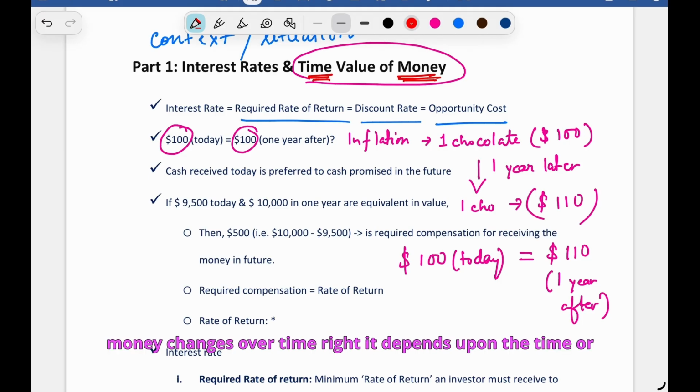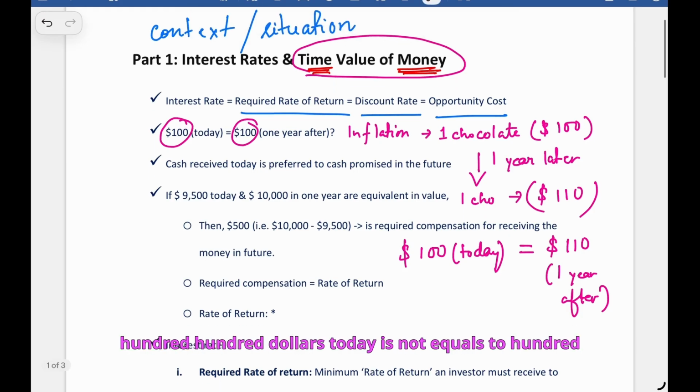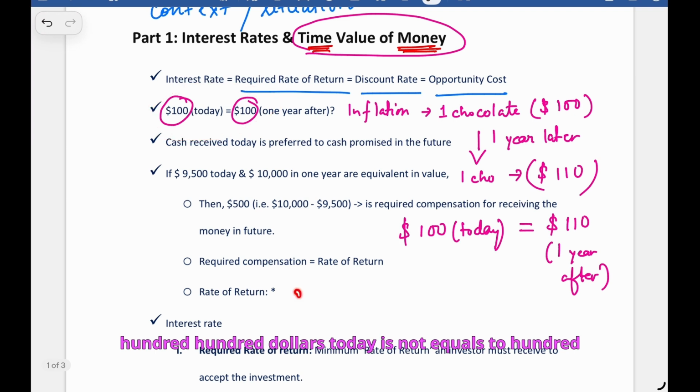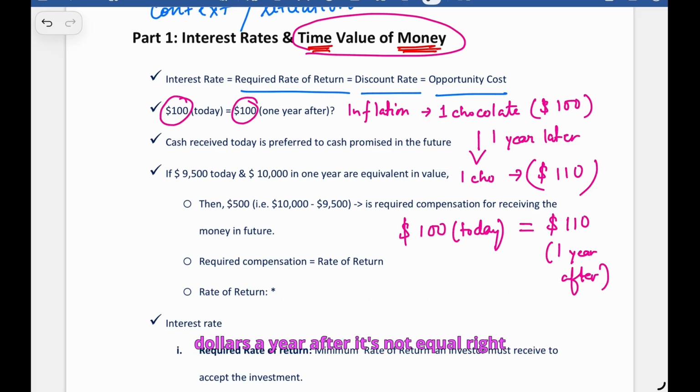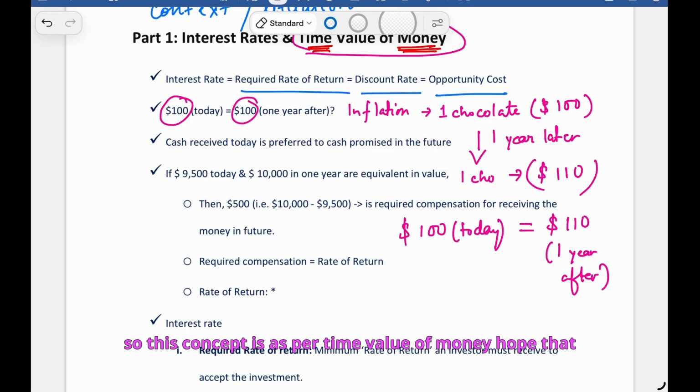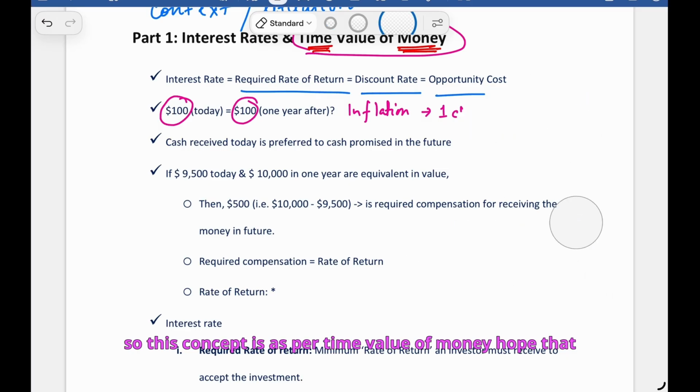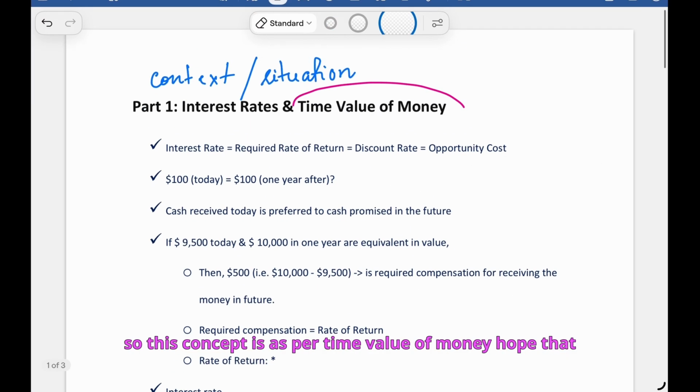It depends upon the time. Or in another way, I can say that this $100 today is not equal to $100 a year after. It's not equal, right? So this concept is as per time value of money. Hope that much is clear.